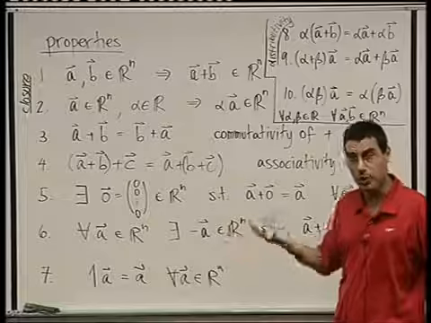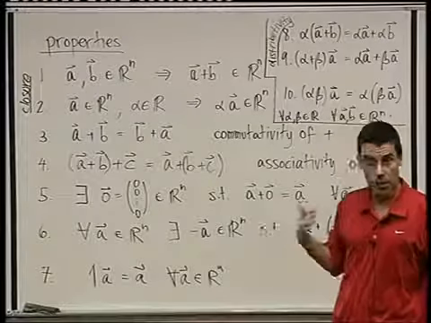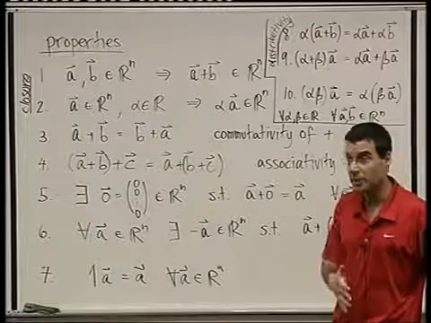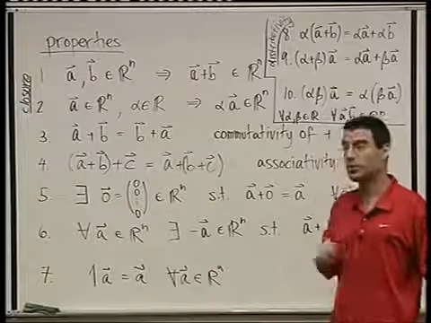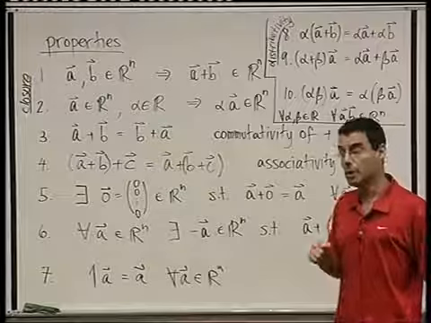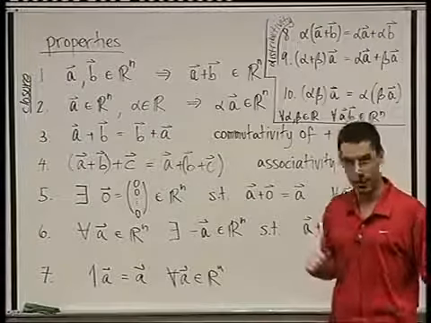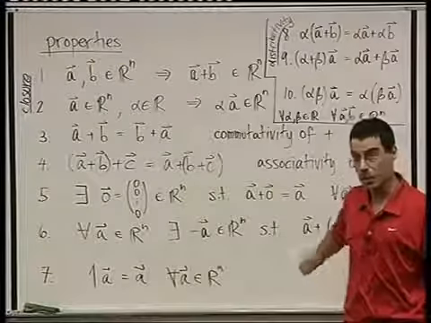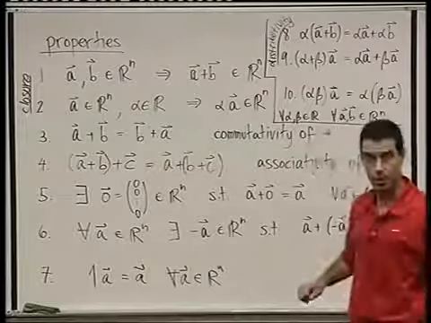There's a field from which your scalars are coming from. It can be any field, Q, R, the complex numbers, C, or any finite field, any field, we're going to denote it by F. And there are going to be two operations: how you add vectors and how you multiply a vector times a scalar, how you scale a vector. Okay? And there are going to be 10 axioms. We're going to require that this structure satisfies all these 10 properties.